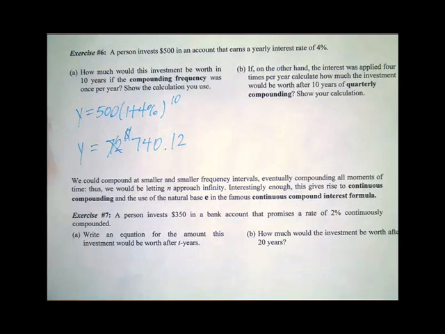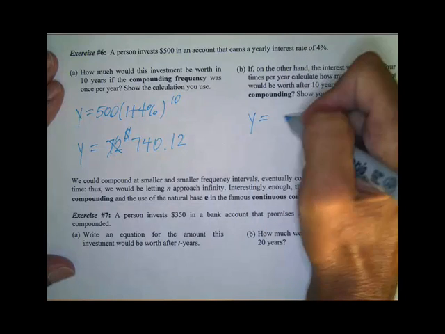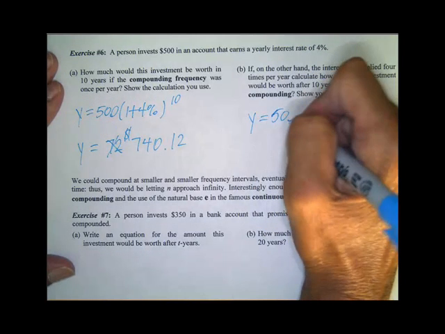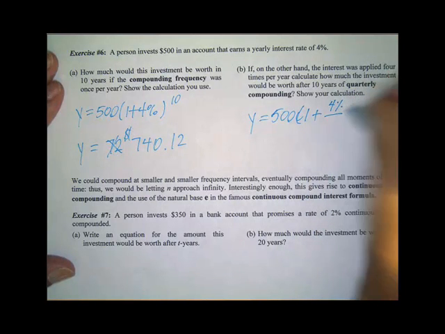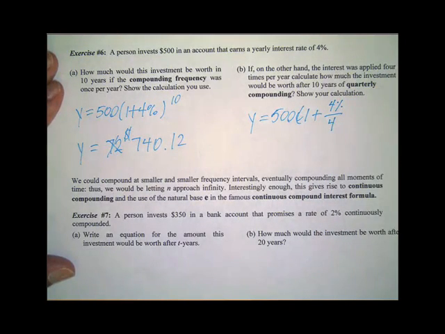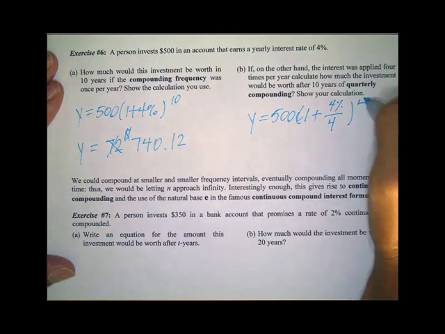Now, if on the other hand, the interest was applied 4 times per year, calculate how much the investment would be worth after 10 years of quarterly compounding. So now we have to use that other equation. So y equals 500 times 1 plus, now we have 4%, and we have to divide by 4 since it's compounded quarterly, and raise it to the 4 times 10.